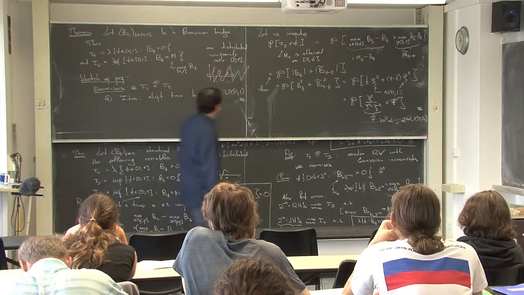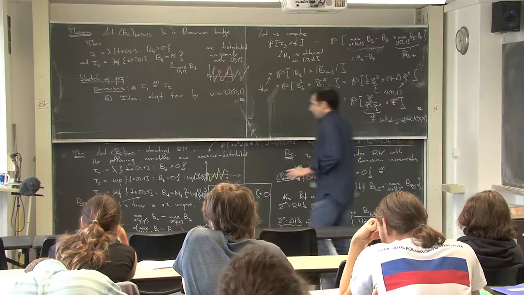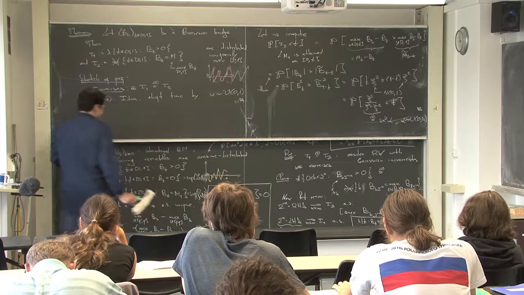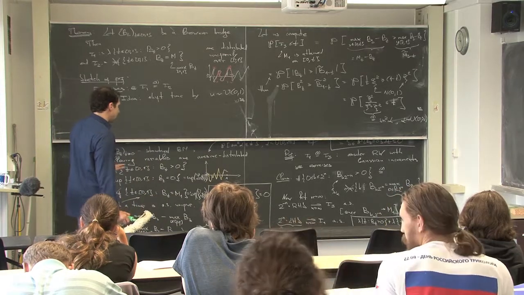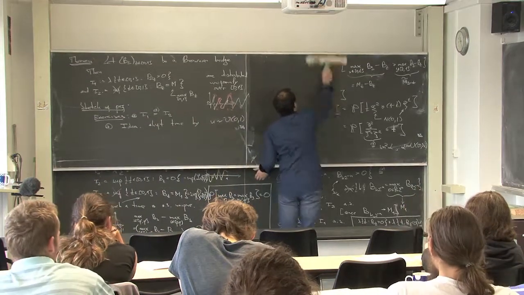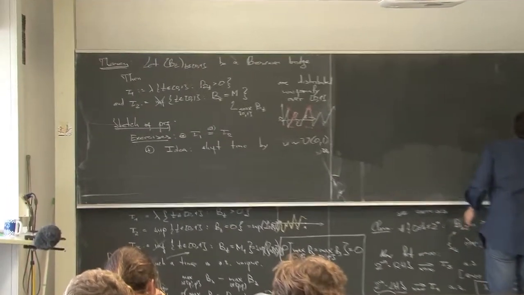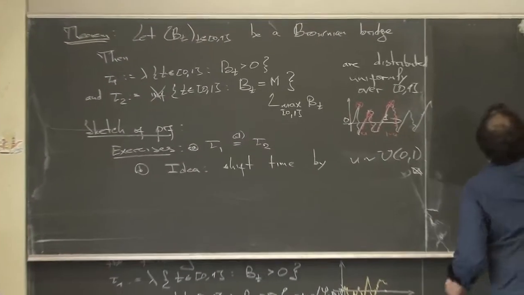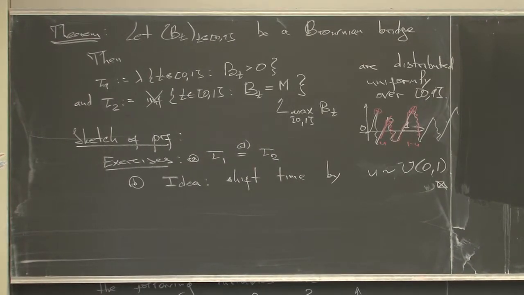So now let us spend some more time discussing the zero set of the Brownian motion. So that's the next goal. And the main idea here is not to discuss this set. Okay, this is a bit perverse sounding, right?